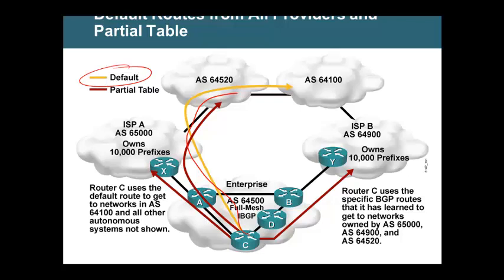For all the rest of the networks which are not known, you use the default route. And you may have a policy. What is the policy? Use ISP A for the default. Only when the connection to X goes down, you may choose to go via B. So this is another way in which multi-homing design works.